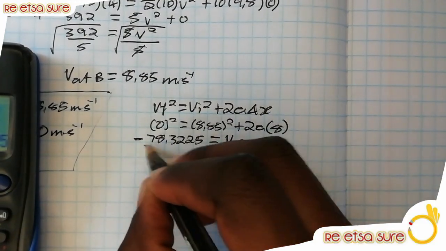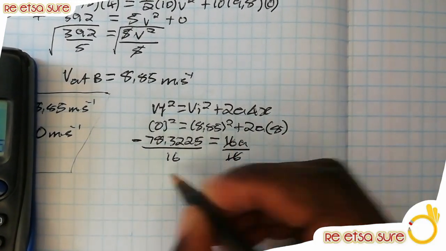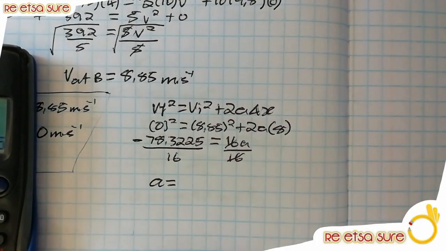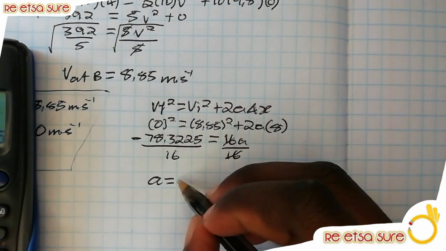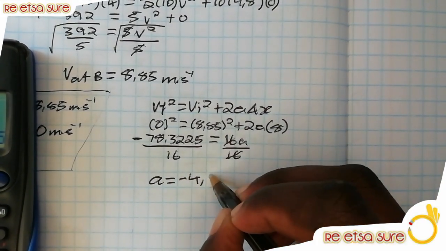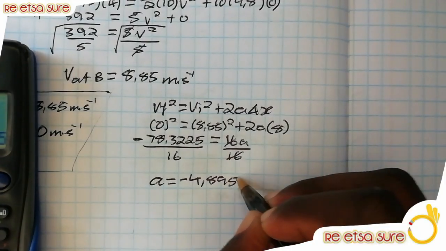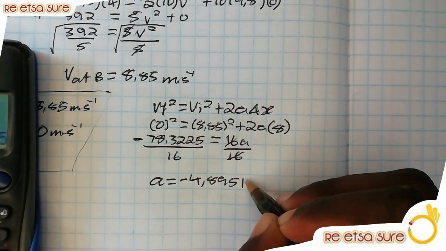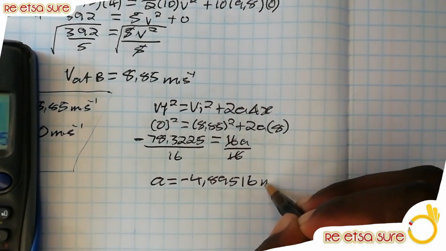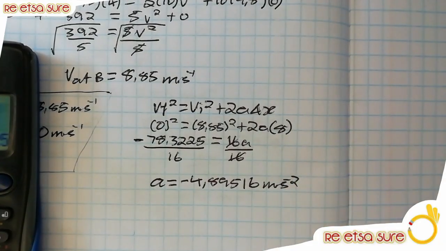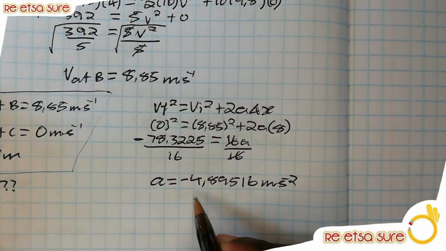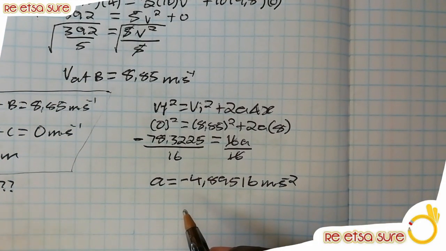Divide by 16 on both sides. Our acceleration is equal to negative 4.89516 meters per second squared. Our acceleration is negative because our object is slowing down.